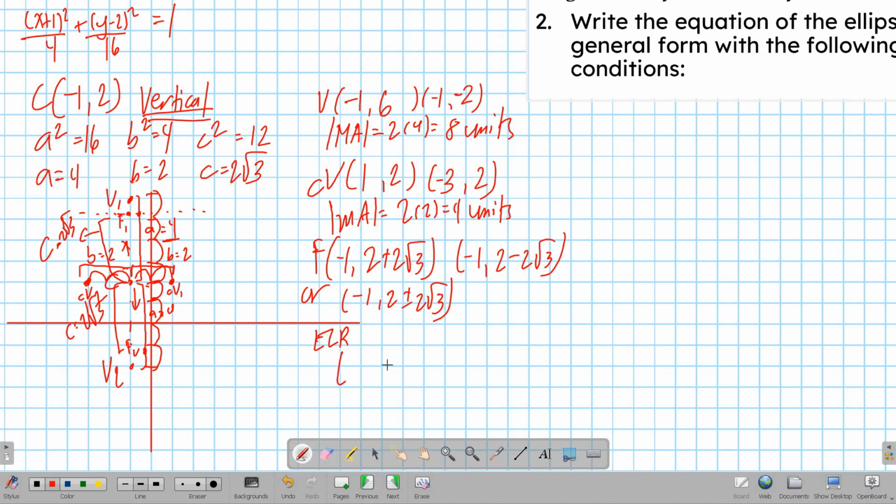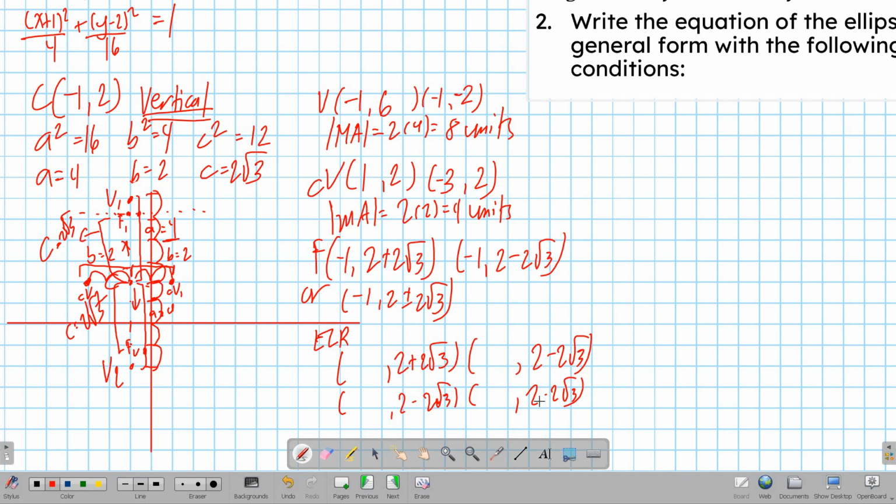So therefore, it will become blank, then 2 plus 2 square root of 3, then another blank which says 2 minus 2 square root of 3. So the other ELRs would follow suit. That's 2 minus 2 square root of 3. Here, that's 2 minus 2 square root of 3.